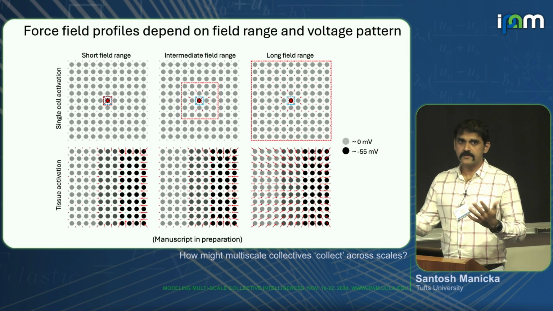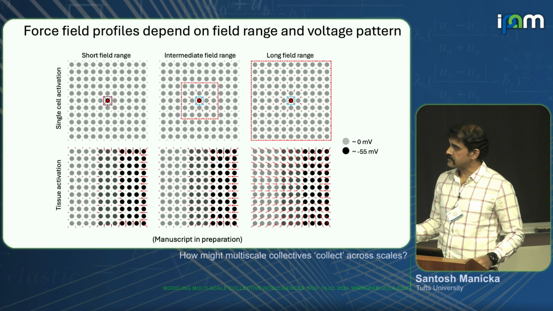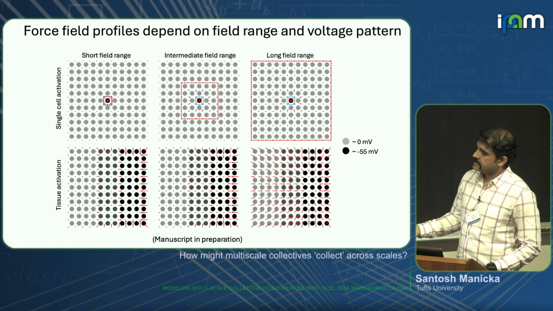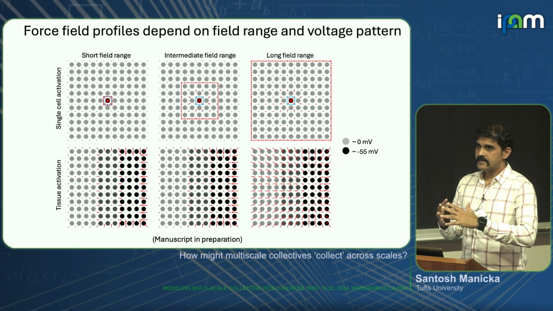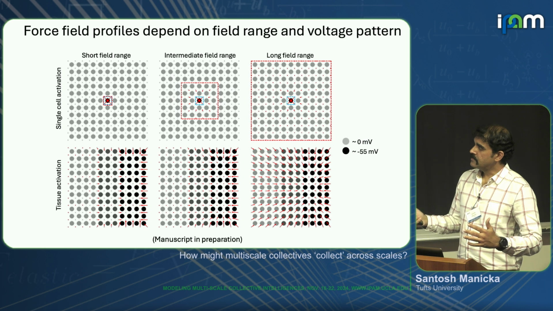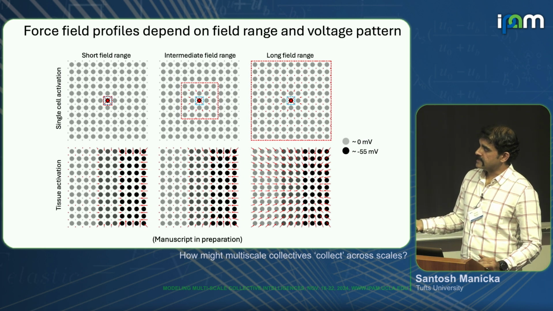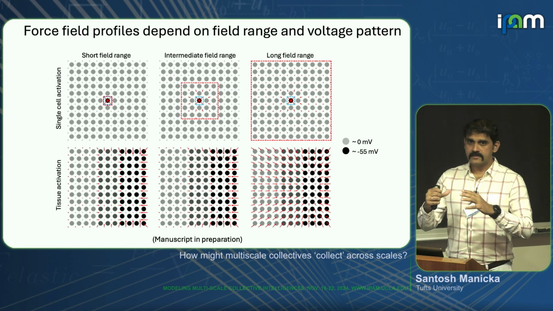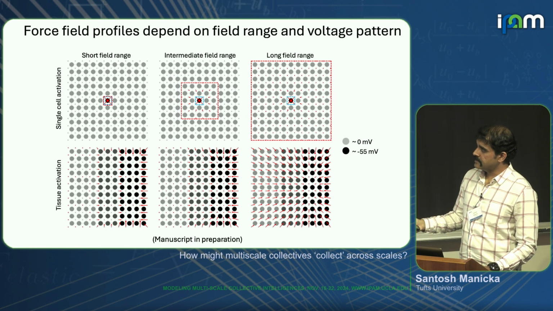That's the convention in the field of electrostatics. And we have this parameter where each cell can exert field influence through a different range. It doesn't have to be the case that it exerts the field influence throughout the tissue. The influence can be contained within a small square. That's what the red squares indicate.